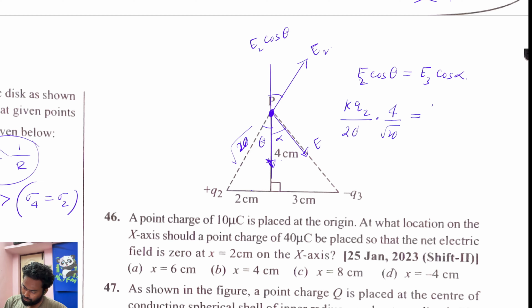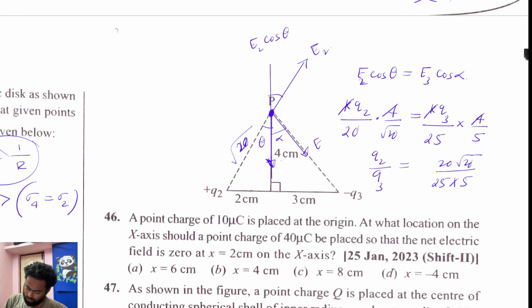E3 will be k Q3 upon distance 5, so 25, into cos alpha, 4 by 5. So 4k cancels, and Q2 by Q3 becomes 20 root 20 upon 25 into 5. 5 4s are 20, 4 into 2 root 5 upon 25, which can be written as 5 root 5.